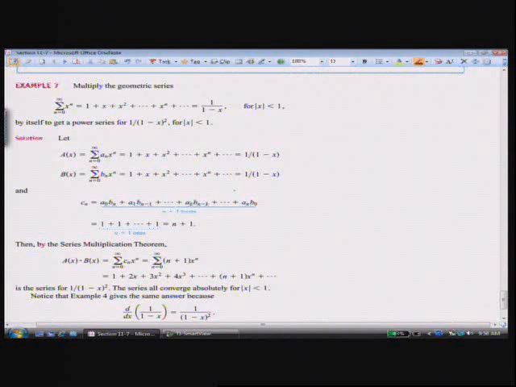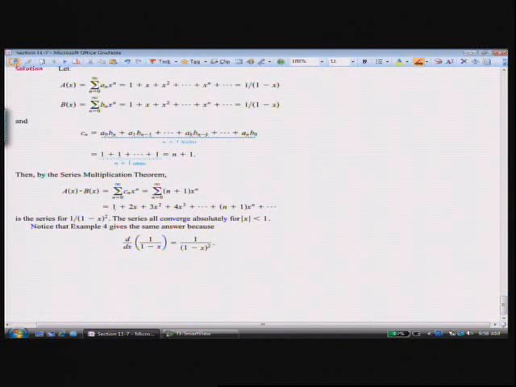So what they did is they're doing the first coefficient times the last one, and those are always going to be just ones because the coefficients are just ones, and you're going to have n + 1 of them. So if you multiply these two series together, you're going to have (n + 1) times x to the n.